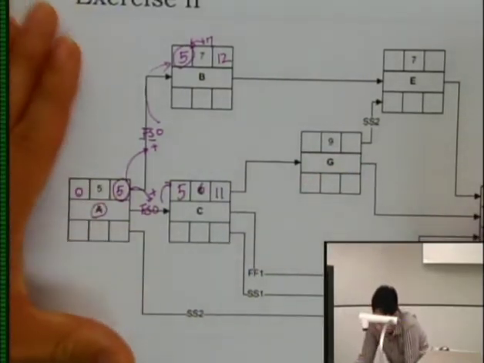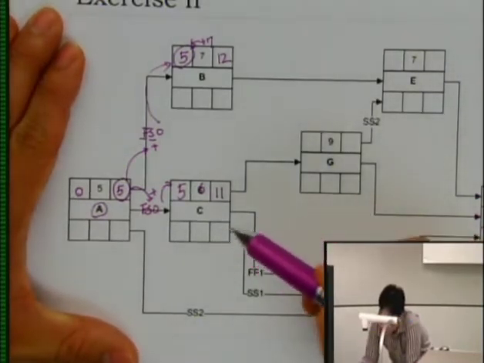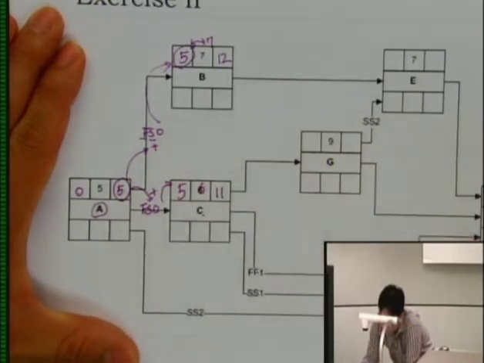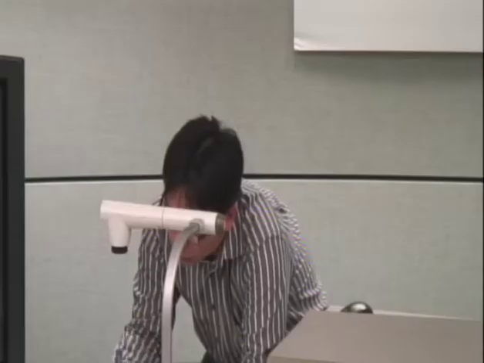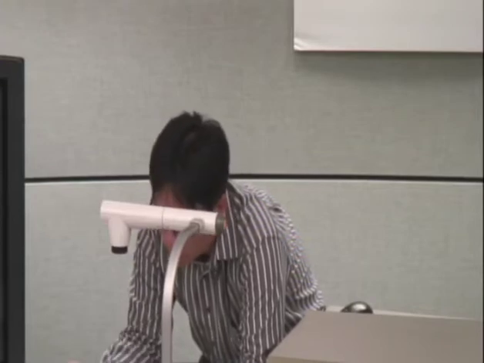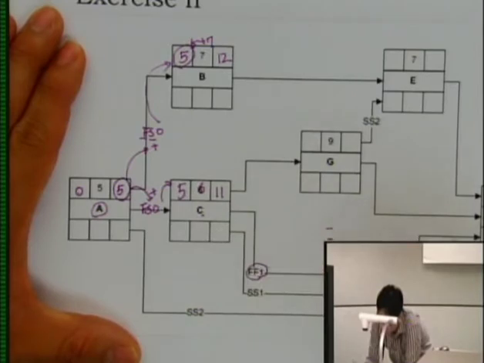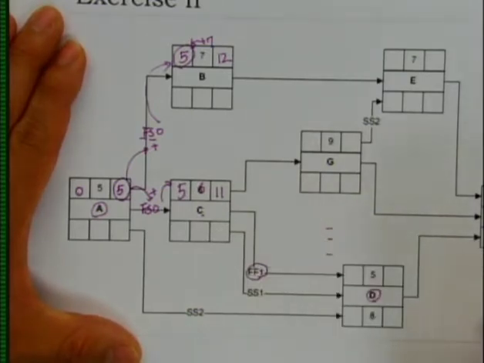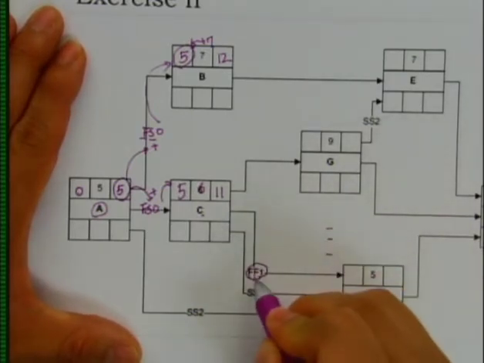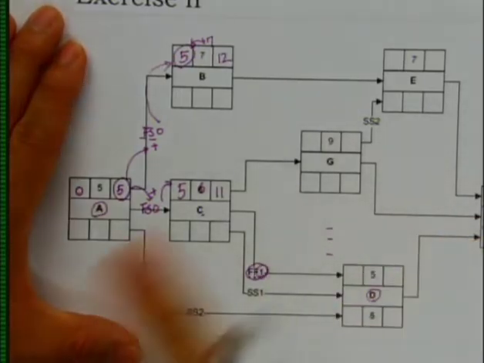Let's look at activity D. Activity D has 3 relationships, 2 from C, 1 from A. So in that situation, you can write 3 different relationships. The first one is a finish to finish relationship between C and D, with 1 day lag. So how can you do that? Finish to finish.